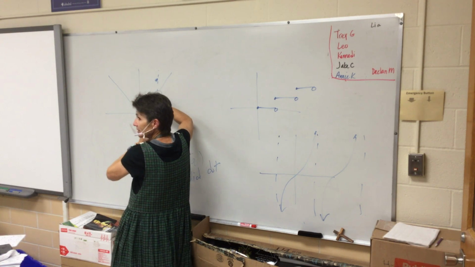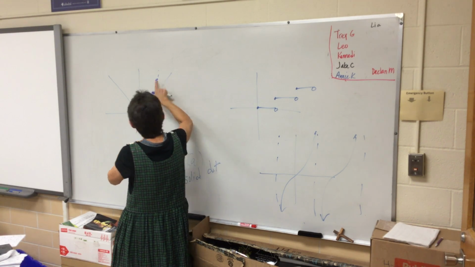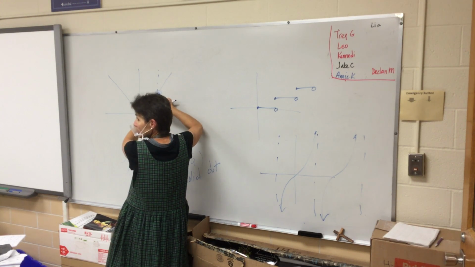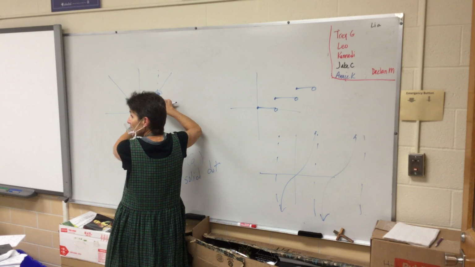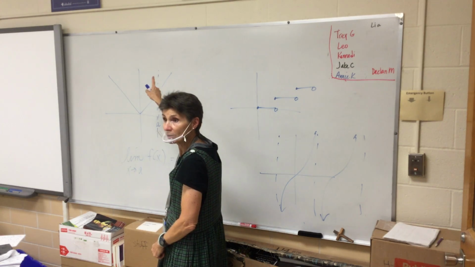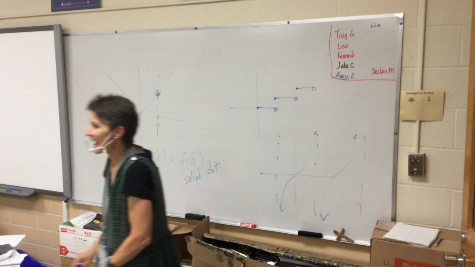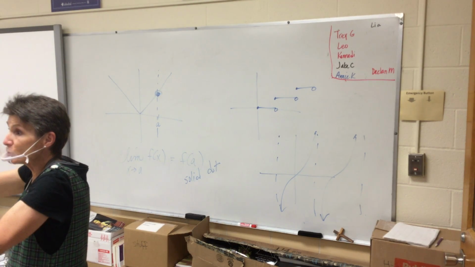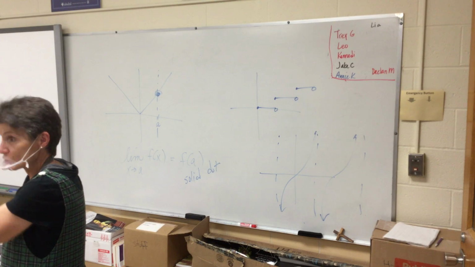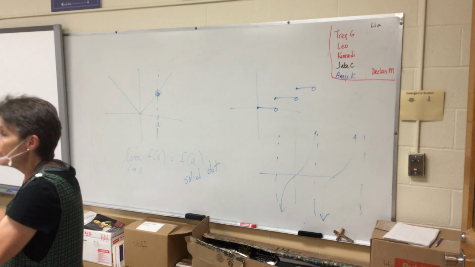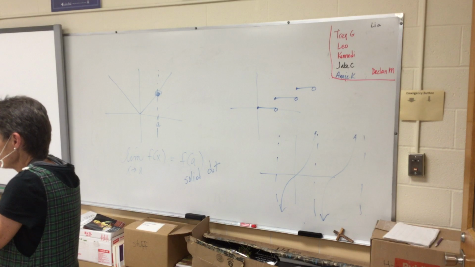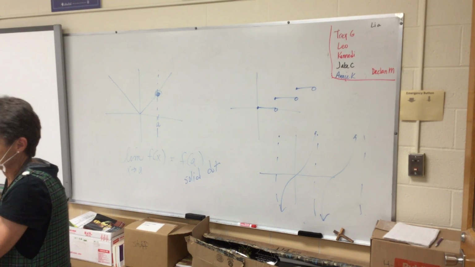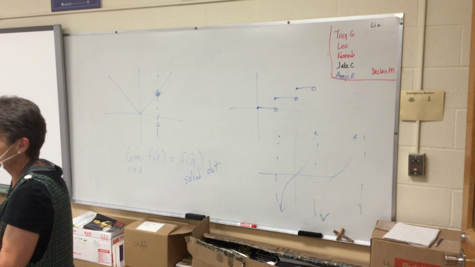Are they coming together at the dot? No. What would happen if I move the dot down there? Now, are my fingers coming together at the dot? And what does that do to my picture? Makes it continuous. That's the definition of continuity. As you come in on both sides toward the point in question, A, your fingers must come together, and they must come together at the function value, which is the dot, the location of the dot.